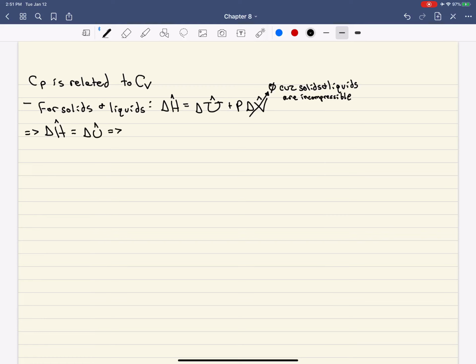Ergo, if we think about the constant pressure heat capacity, its definition was that it's equal to the limit as delta T goes to 0 of the specific enthalpy over delta T. But we know from this relationship that for solids and liquids, the specific enthalpy is just equal to the specific internal energy.